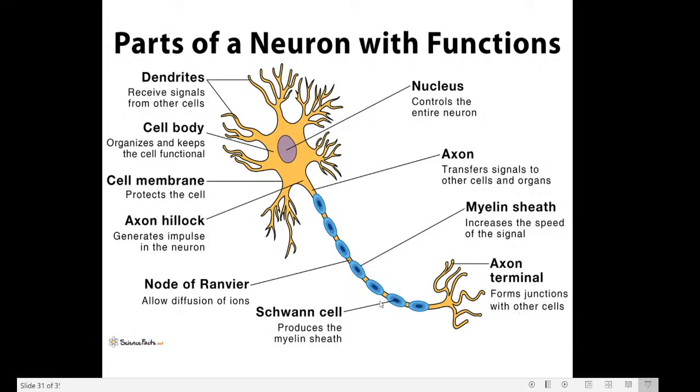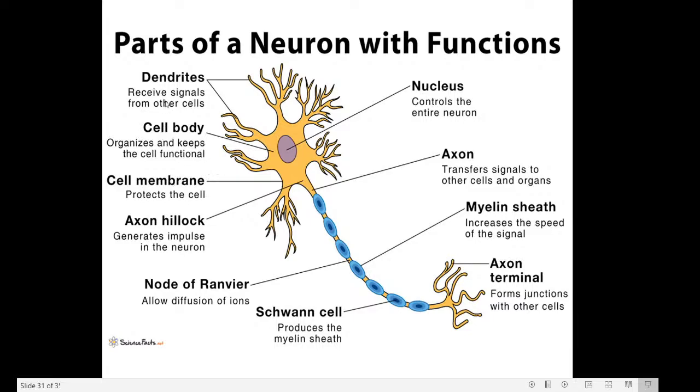The Schwann cell, at the center of the myelin sheath, produces the myelin sheath. Nodes of Ranvier allow the diffusion of ions, the neuron needs ions, right? Then the axon hillock generates the impulse of the neuron, and the cell membrane and cell body each perform a function.